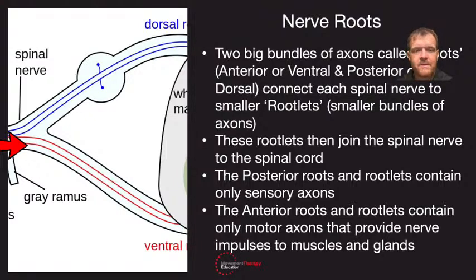I was taught ages ago that the motor nerves are kind of on the inside and the sensory nerves are on the outside of the peripheral nerve. So if you have a kind of impact on the peripheral nerve, then the sensation will change first. But I now know that's not true. It's not as simple as that.